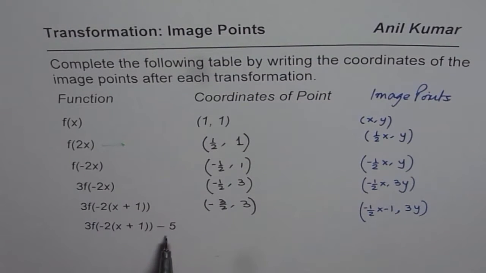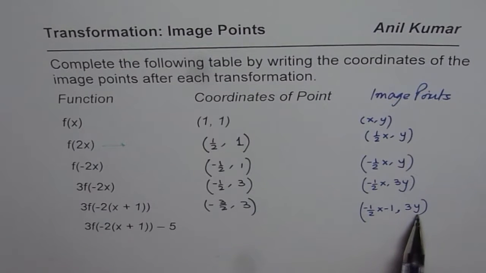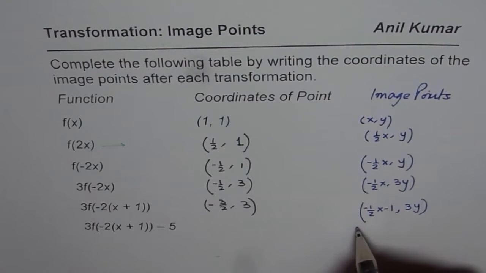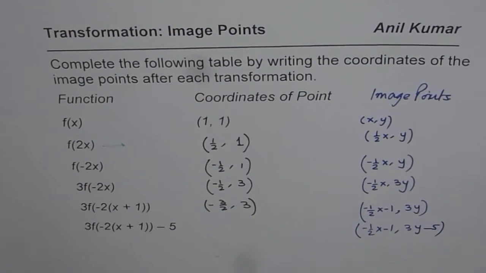The last function given here is 3 times f(-2(x+1)) minus 5. In this particular case, there is a vertical translation 5 units down. So the y value decreases by 5. The x coordinate remains the same as the previous one, but the y value will be decreased by 5.